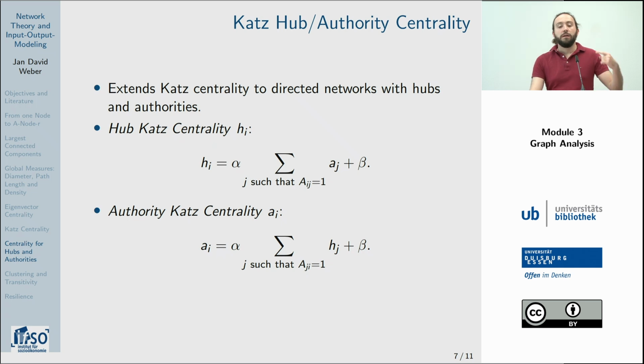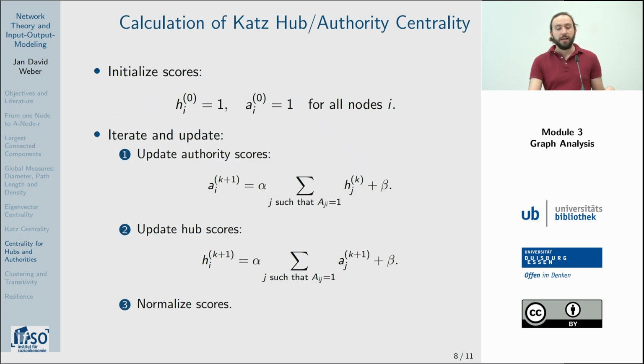It's the same procedure with the HITS algorithm that I just described for the eigenvector centrality for hubs and authorities, but here with this beta aspect, which also plays into account every round. We update, we normalize, we start again, we update, we normalize until we have convergence.